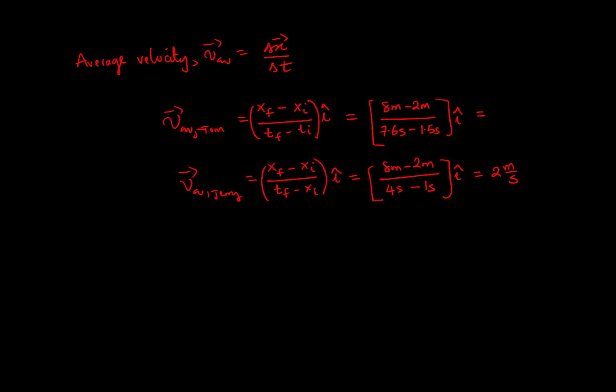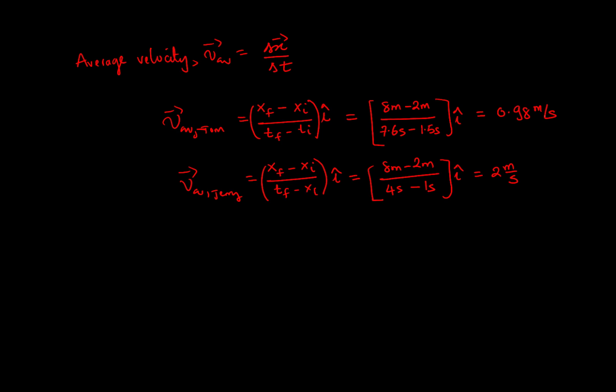So if we do the calculations for Jerry, we have 6 divided by 7.6 minus 1.5. That gives us 6.1. So 6 divided by 6.1 will give us 0.98 meters per second.